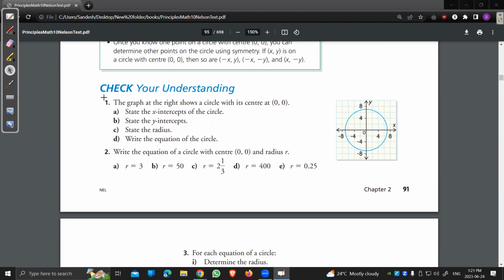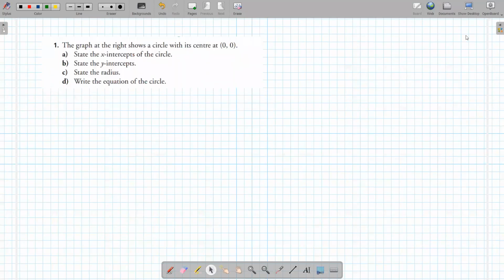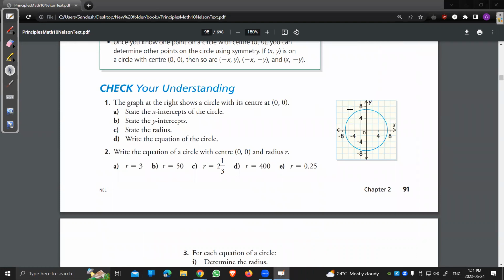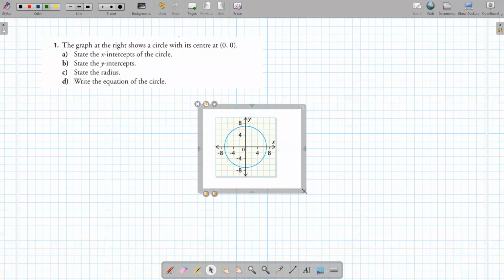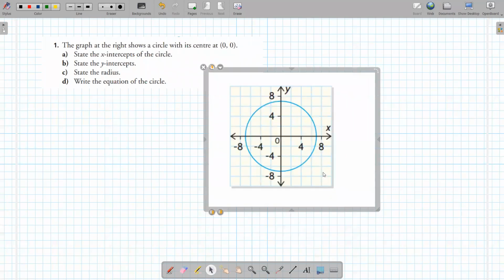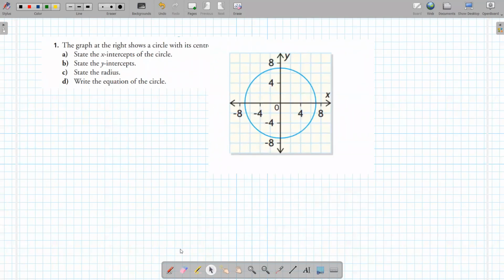Let's do one where we need to read a graph instead of reading an equation. It says state the x-intercepts. Now be careful with the scale here. It's going up by 2 units each time. What do you think the radius is here?